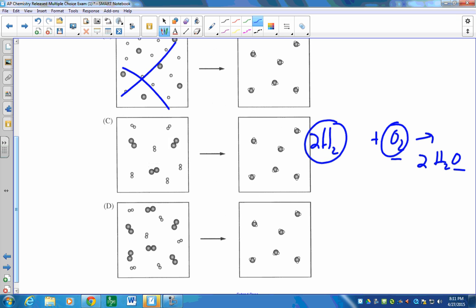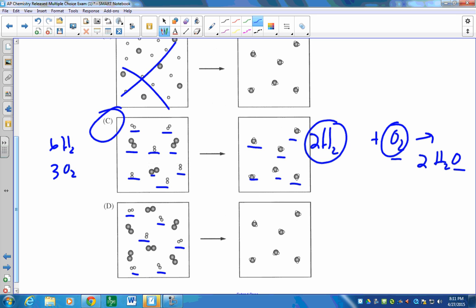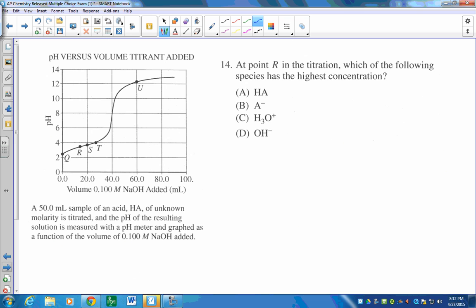Over here I've got 1, 2, 3, 4, 5, 6 H2s and 1, 2, 3 O2s, and they go to 1, 2, 3, 4, 5, 6 H2O. That one looks like it's working. This one has 6 H2s, 6 O2s, and then 6 products. This one doesn't have the right mole ratio. It has to be that one.